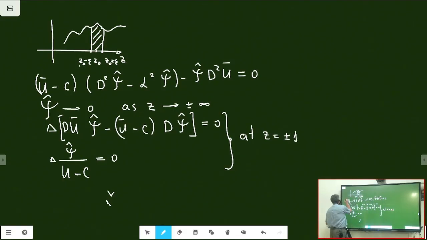Okay, so now our problem formulation is complete, and what I would like us to do next is to solve this system of equations, including the Rayleigh equation, the jump conditions and the boundary conditions.